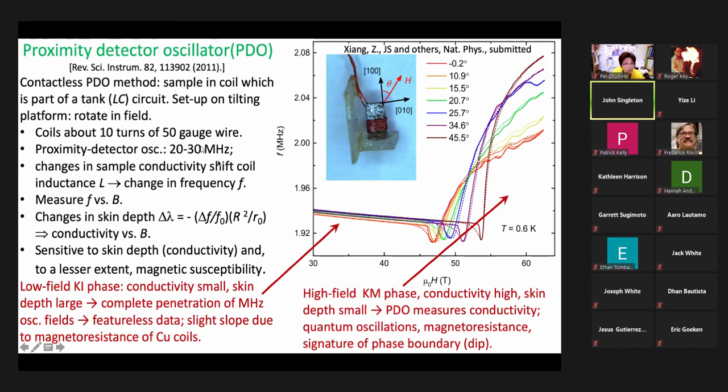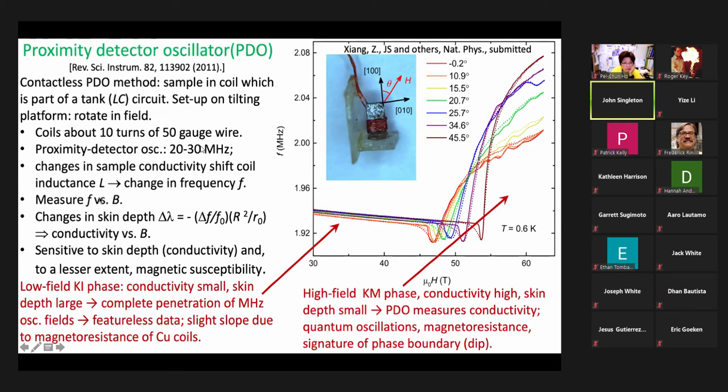Now this is connected to an oscillator, which is a free-running oscillator. Proximity detector oscillators are used in metal detectors, and these things oscillate freely between 20 and 30 megahertz, and the frequency of oscillation is given by a tank circuit, of which this coil is the inductance. So changes in sample conductivity shift the coil inductance, and that gives you a change in resonant frequency.